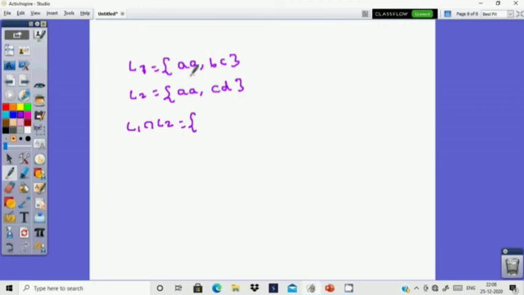AA is common to both L1 and L2. AA belongs to L1 and AA belongs to L2 also. So the resultant language belongs to both languages L1 and L2. That's the rule of the intersection formula.